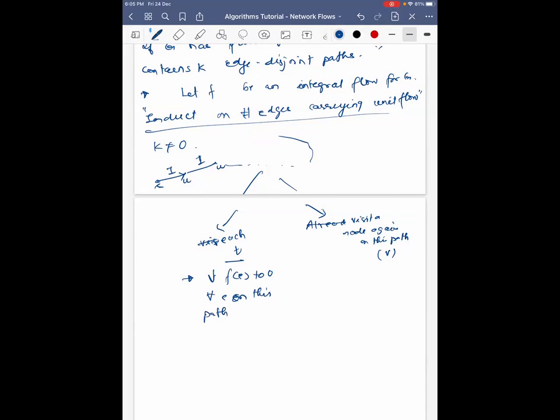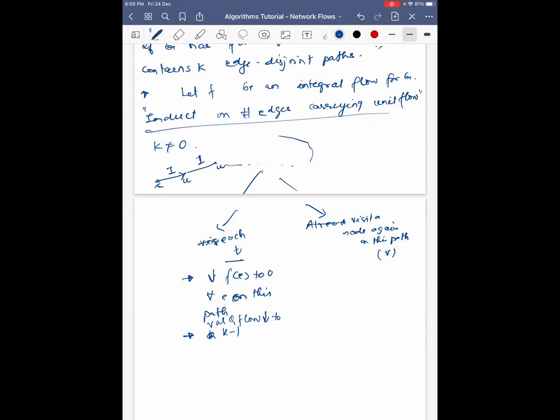Which path? This is when we've reached T. Now, when you do this, you have essentially decreased the value of your flow from K to K minus 1. Now you have fewer edges which are actually carrying the flow.